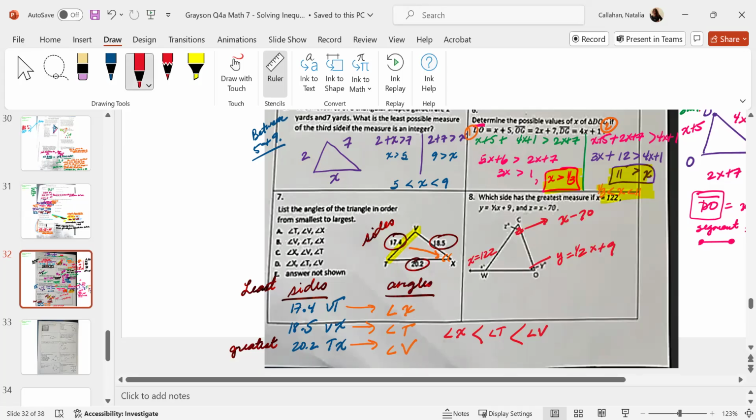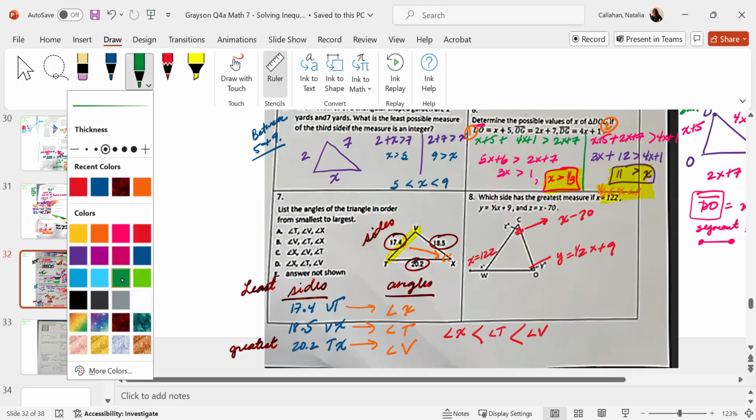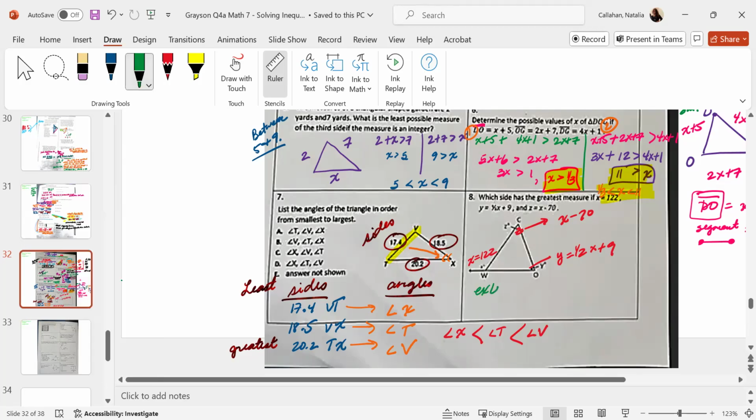Okay, this is one that you learned from, like, last year or whatever it was. This is the exterior angle theorem. And it basically says angle, what is that label right there? This is Z, right? And what is this angle right here? O or Y? And what's this angle right here, the outside one?